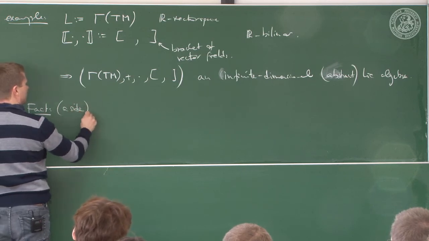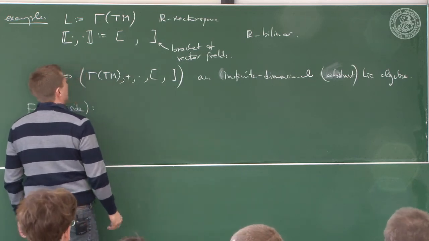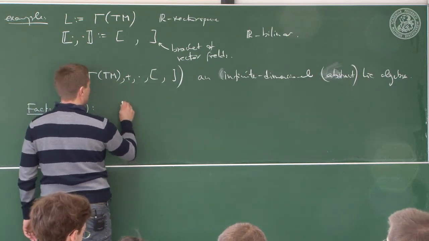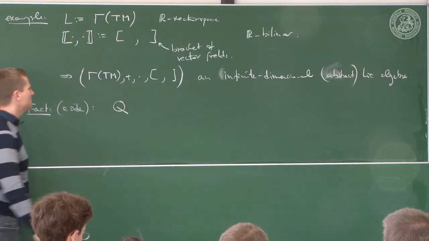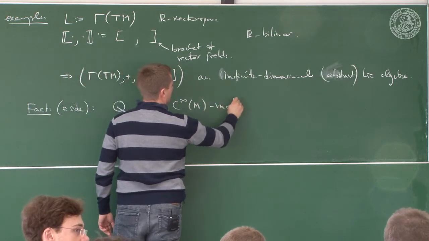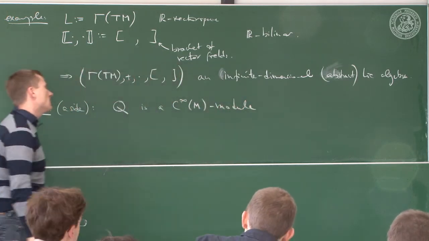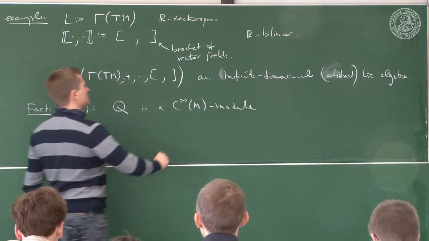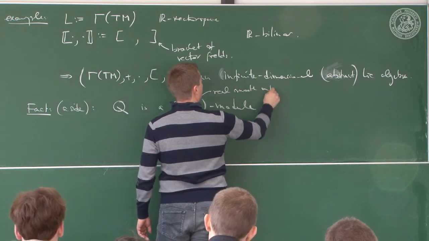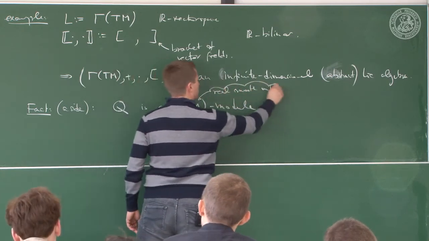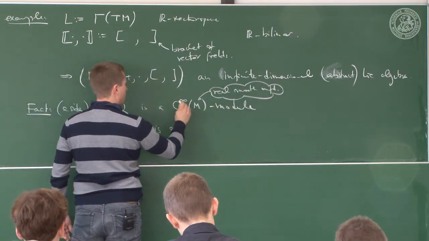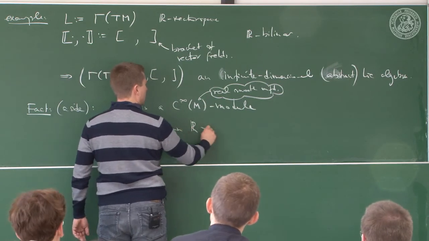Aside: if some object Q is a C infinity M module, and M is a real smooth manifold, isn't it true that then Q is always an R vector space?